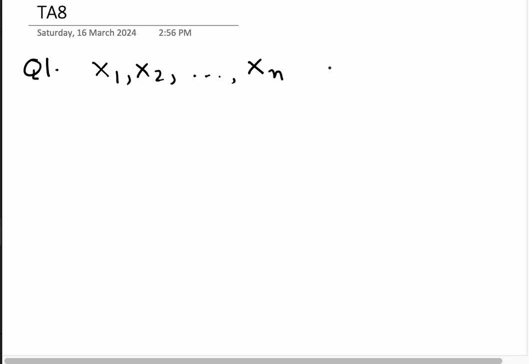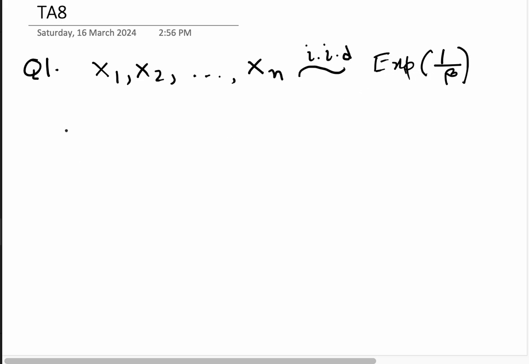Let's start. Question number one: there are n random variables x1, x2, and so on. They are identically independent random variables, exponentially distributed with mean parameter 1 by beta.